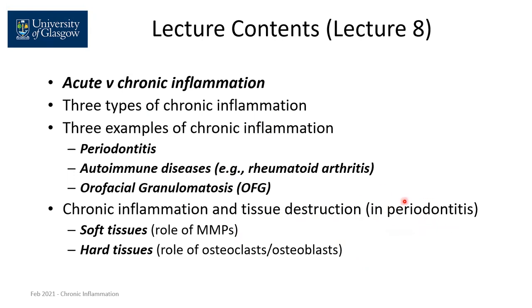This is a really good example of a disease where you get destruction of not only the soft tissues, so things like the gingival tissue, but also the hard tissues as well, so basically the underlying alveolar bone of the tooth.